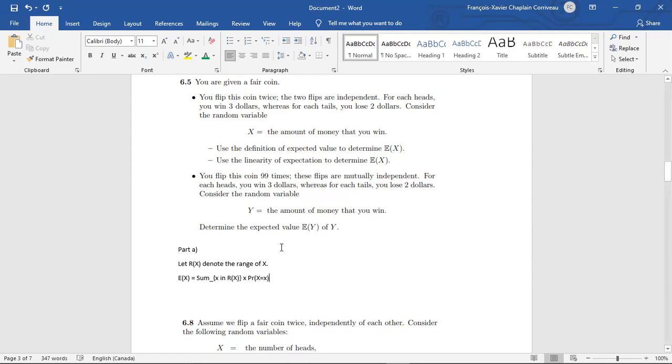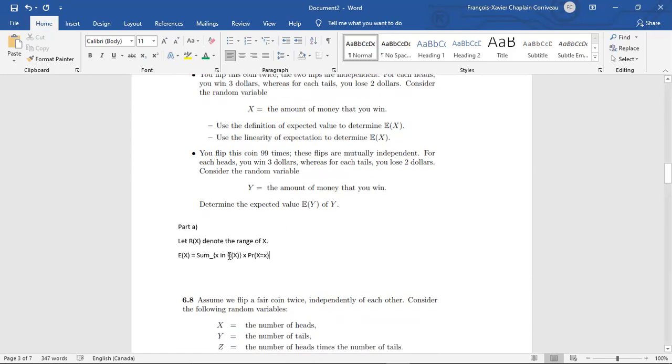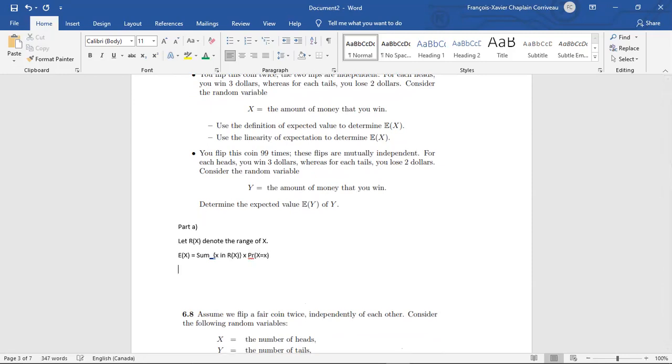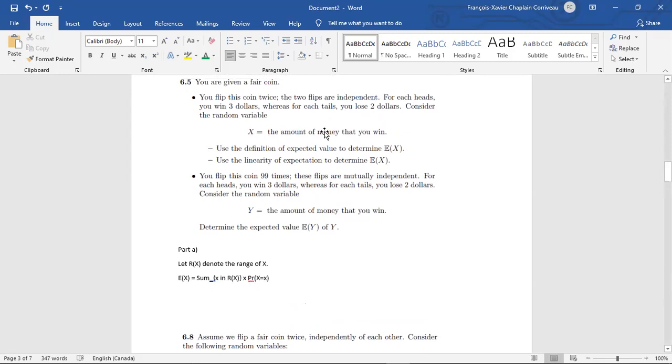Okay, so we need two things. We need to understand what the range of X is and what these probabilities are. Once we have these two, we just plug them into our formula. So what is the range of X here? X is the amount of money that we can win. We flip a coin twice. So what are the different amounts of money that we can win or lose?